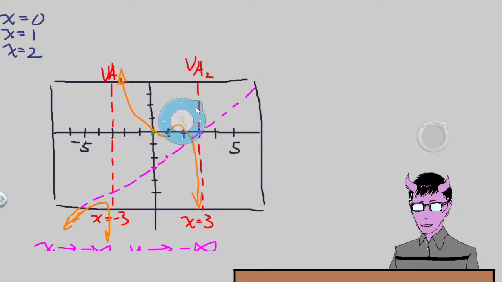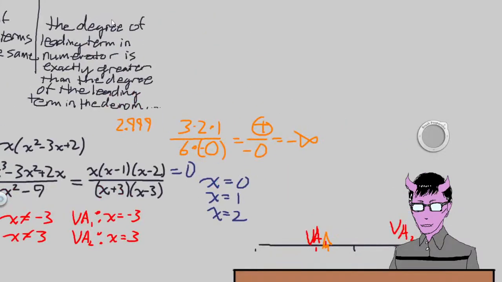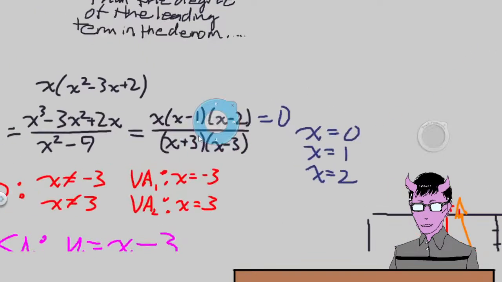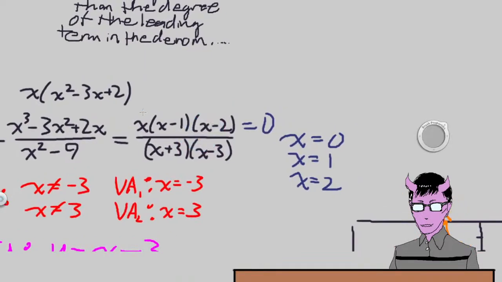So let's test positive 4. Plug in positive 4, right? So we get 4, 3, 2, positive 4 is 7, positive 4 is 1.